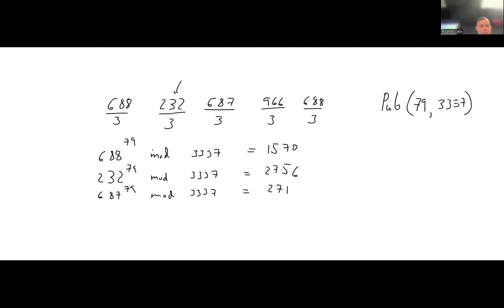The next one, 966 to the 79, mod 3337, equals 2276. And finally, 688 to the 79, mod 3337, and that gives you 1570. Okay, so that's the encrypted message. What do you notice?